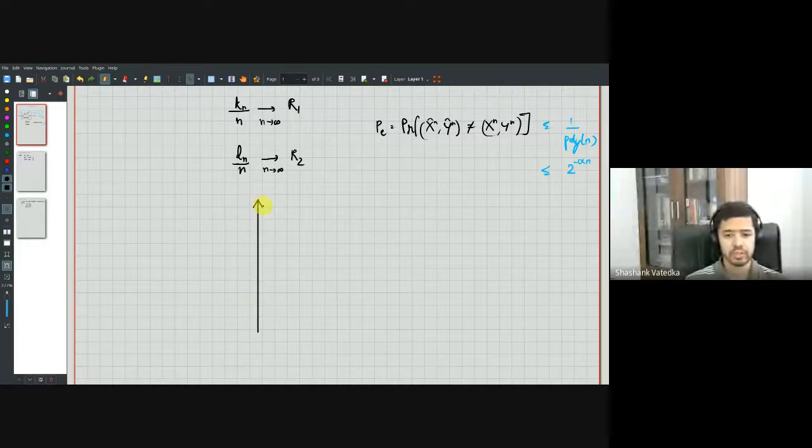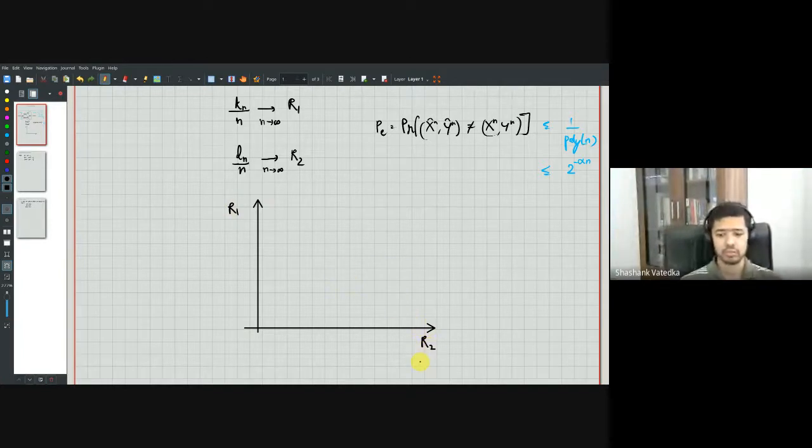To understand this, let's draw the following rate region. Along the x and y axis, I'll have R1 and R2.